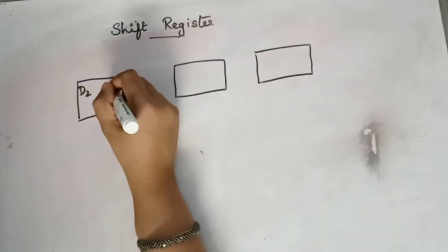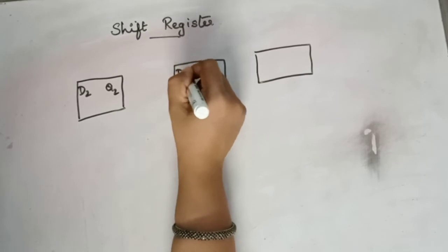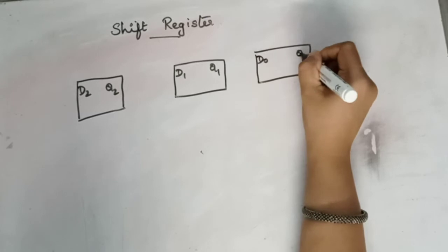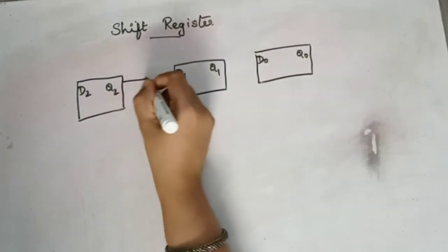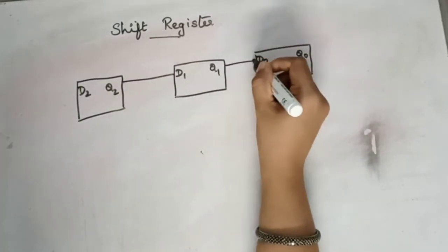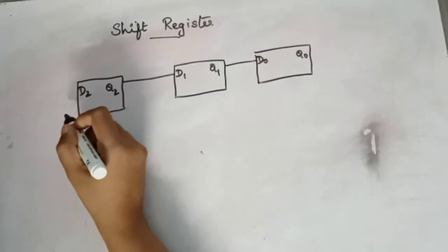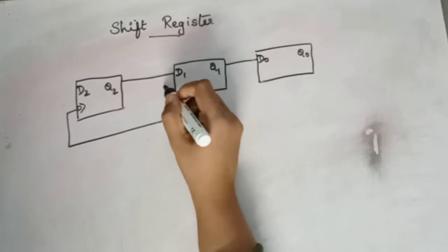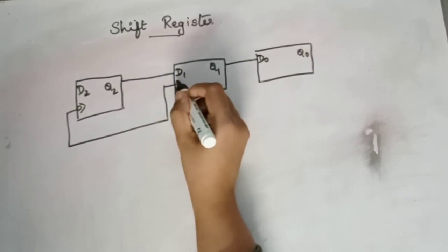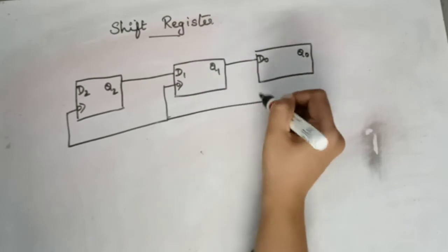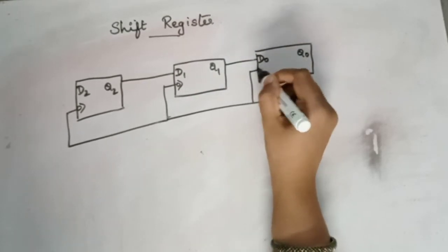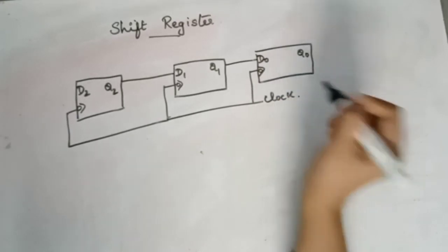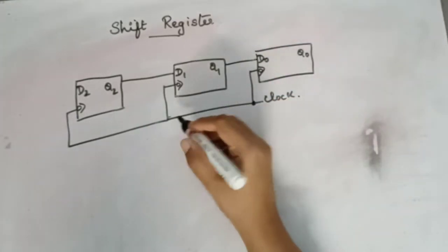So this is D2, this is Q2, this is D1, this is Q1, this is D0, and this is Q0. They are all synchronously connected.